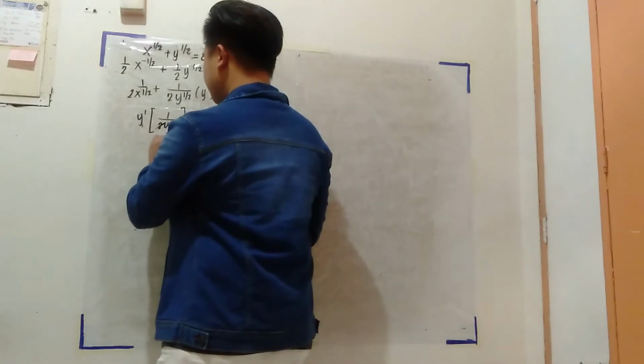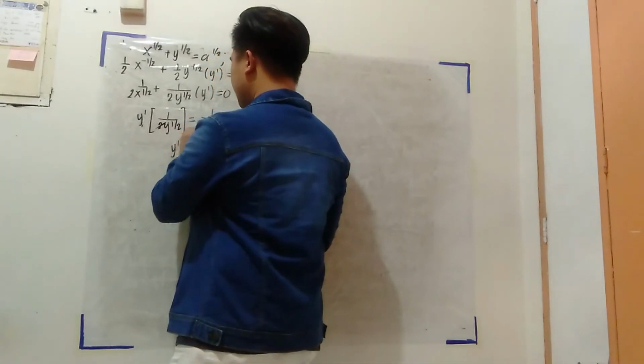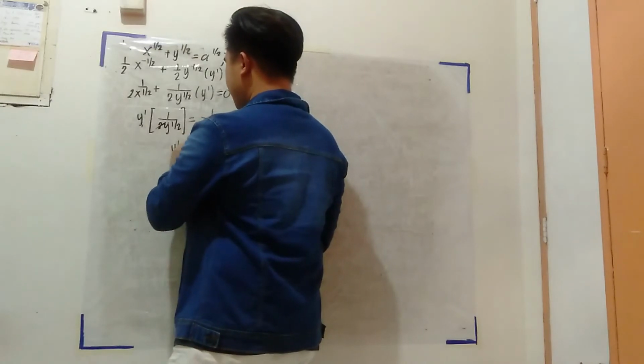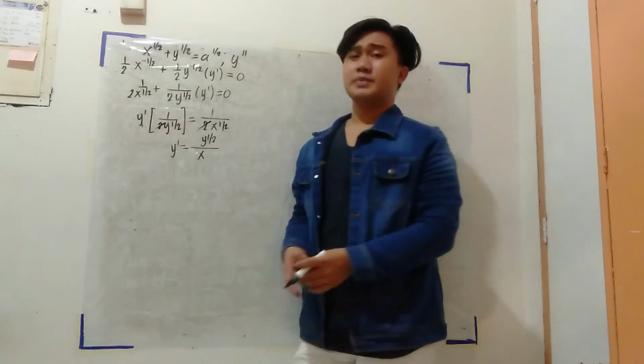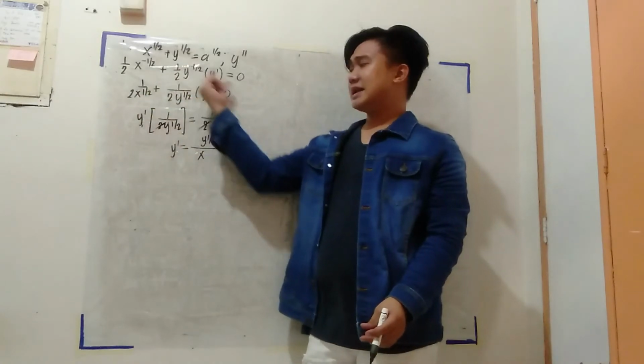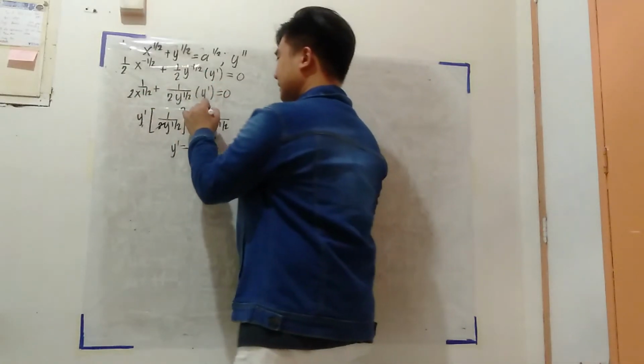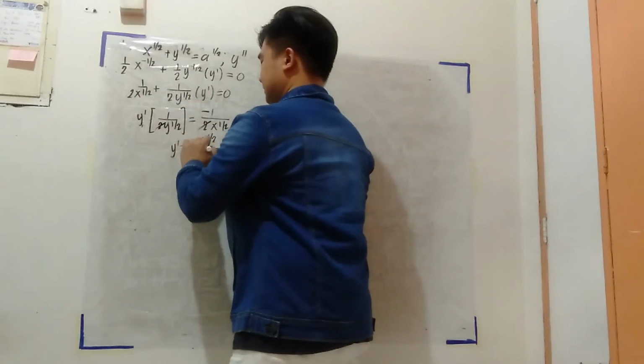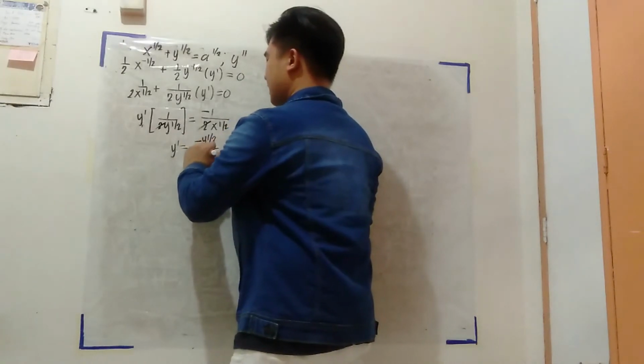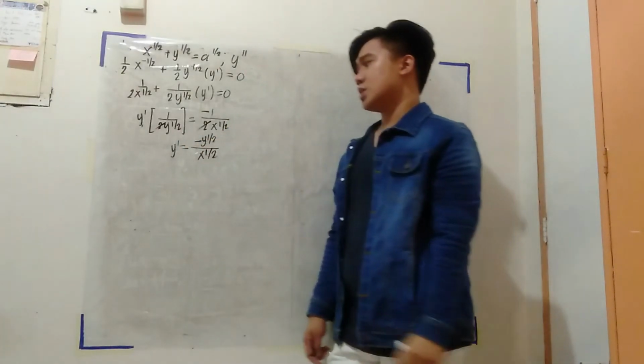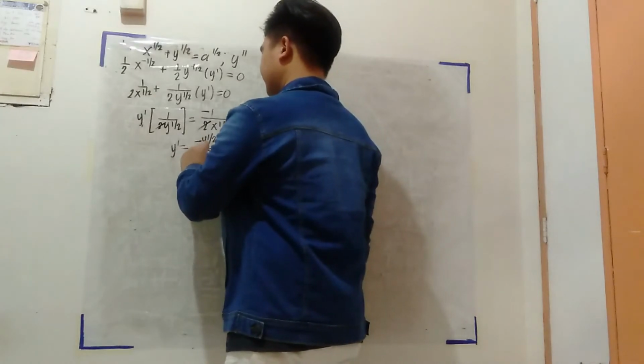So, y prime is equal to y raised to 1 half all over x. Sorry, we brought it to the other side, so there should be a negative here. So, negative y raised to 1 half all over x raised to 1 half.